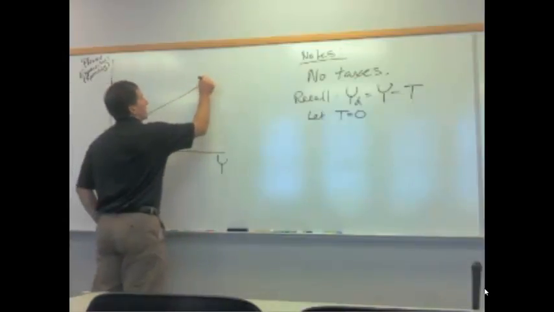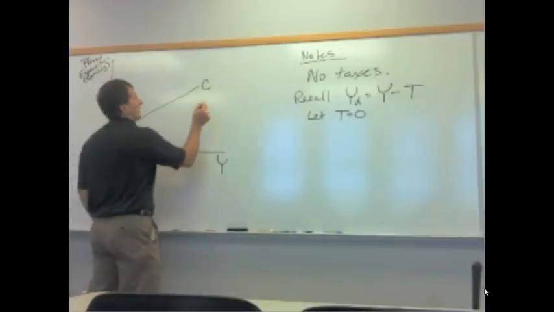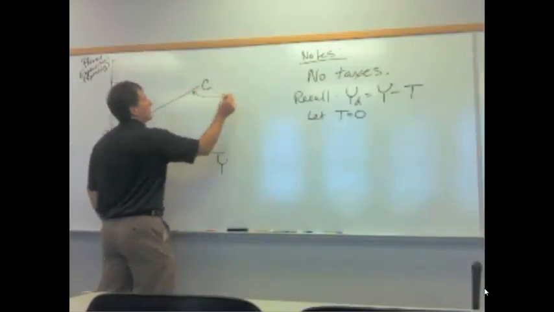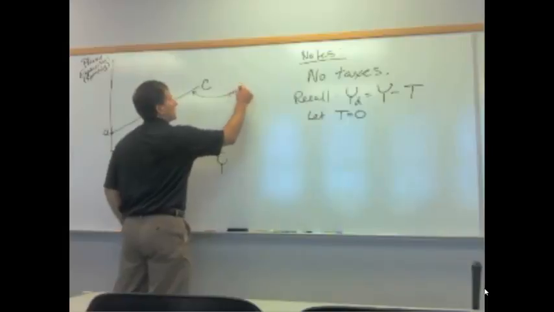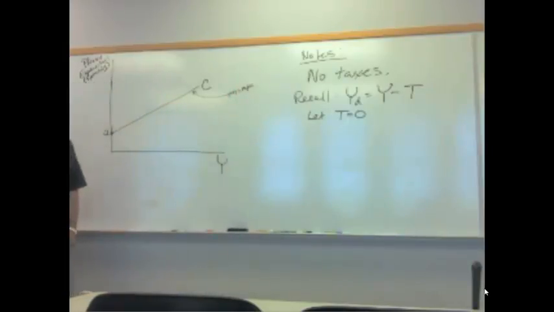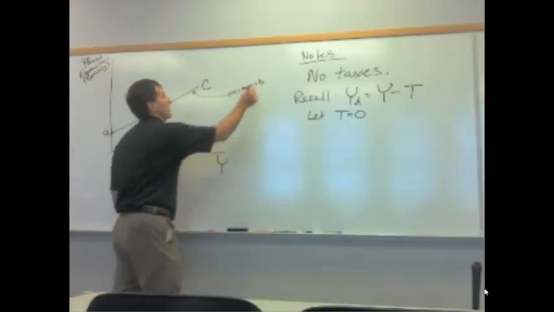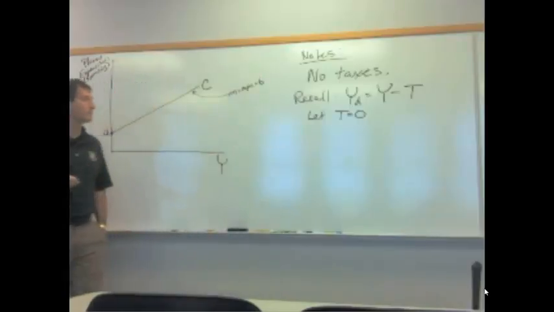So here's our consumption function. Let's just put a C here. And maybe just note that the slope is equal to the marginal propensity to consume, which was our little letter B from the equation. So however you want to put that.